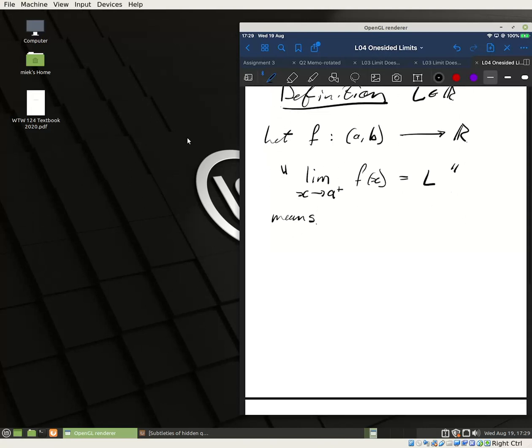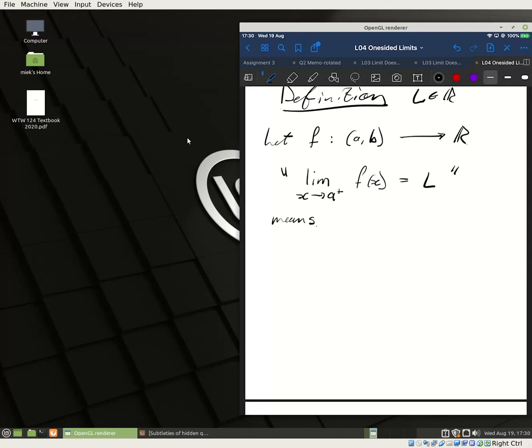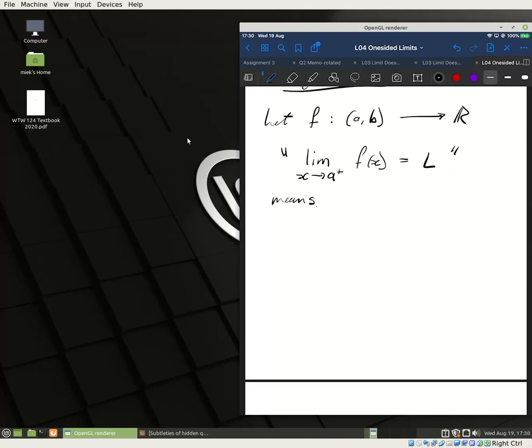and the definition is very similar to the definition of a regular limit.